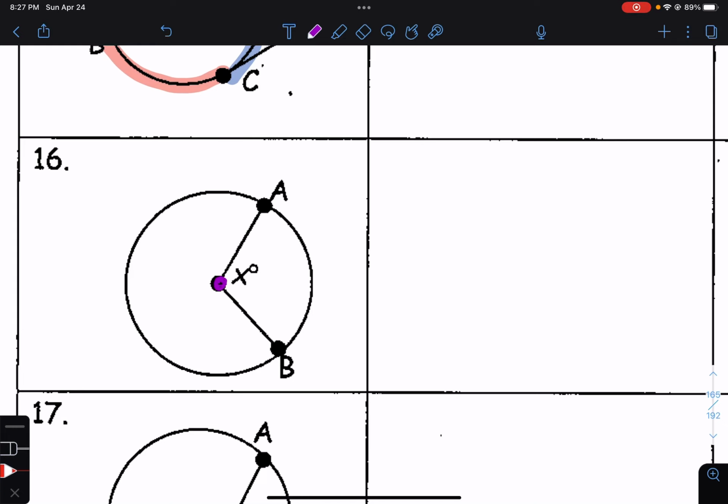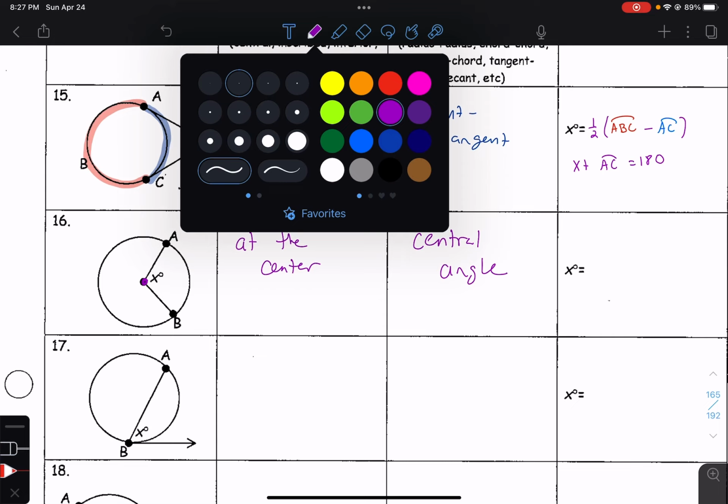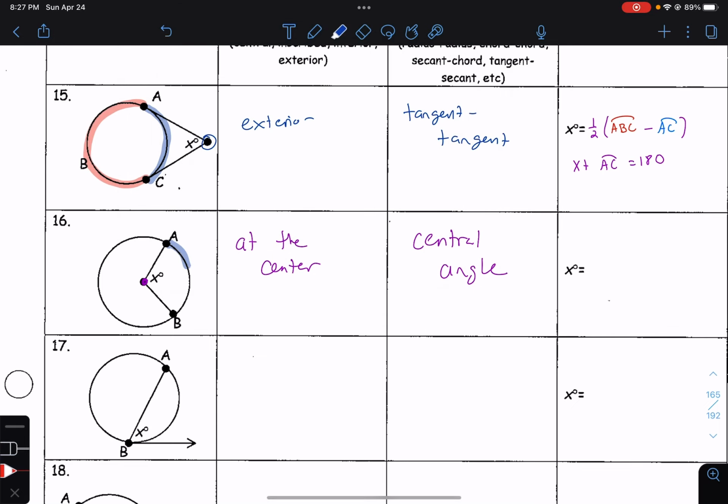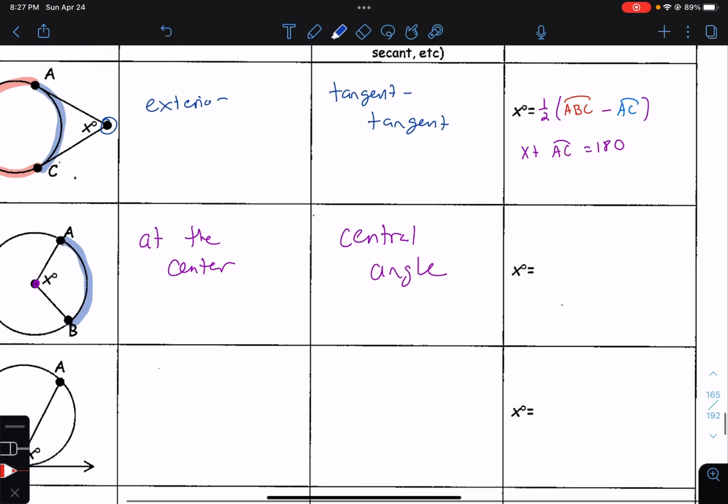So our vertex is at the center, and we would call this a central angle. Arc AB is equal to x, and we learned that within a central angle, the intercepted arc is equal to the angle. So that's going to be equal to arc AB.